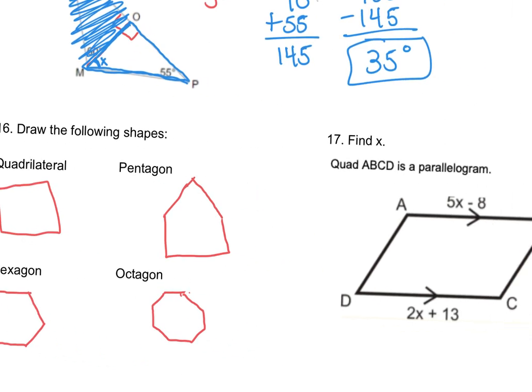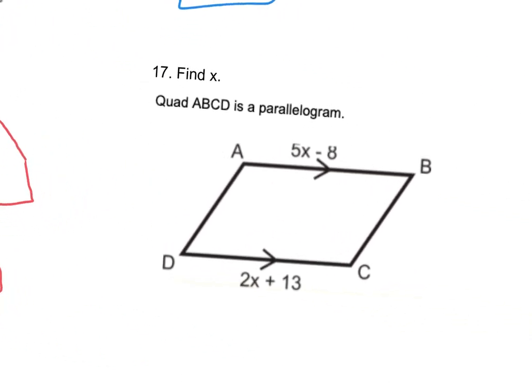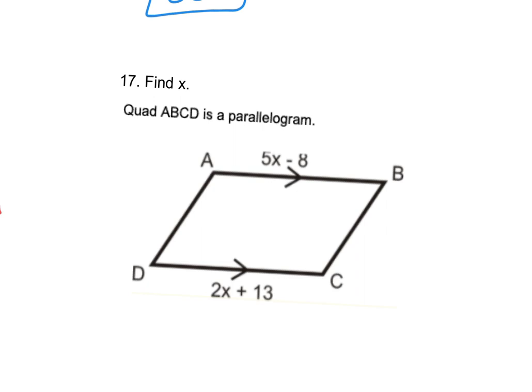Let's look at number 17. You can start to see these are some questions from the quadrilateral test, right? It says quadrilateral ABCD is a parallelogram. We're looking for x. It gives us AB and DC. That's the top and bottom.